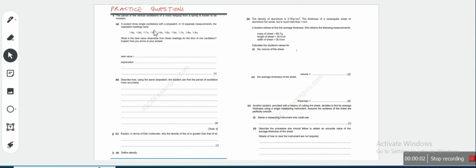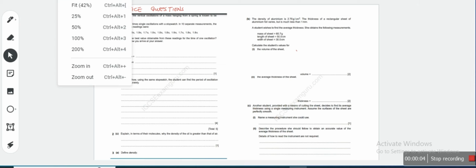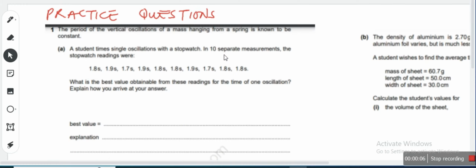Okay, these are practice questions on what we've done so far. For instance, this one says the period of the vertical oscillation of a mass hanging from a spring is known to be constant. Now a student times a single oscillation with a stopwatch in 10 separate measurements.